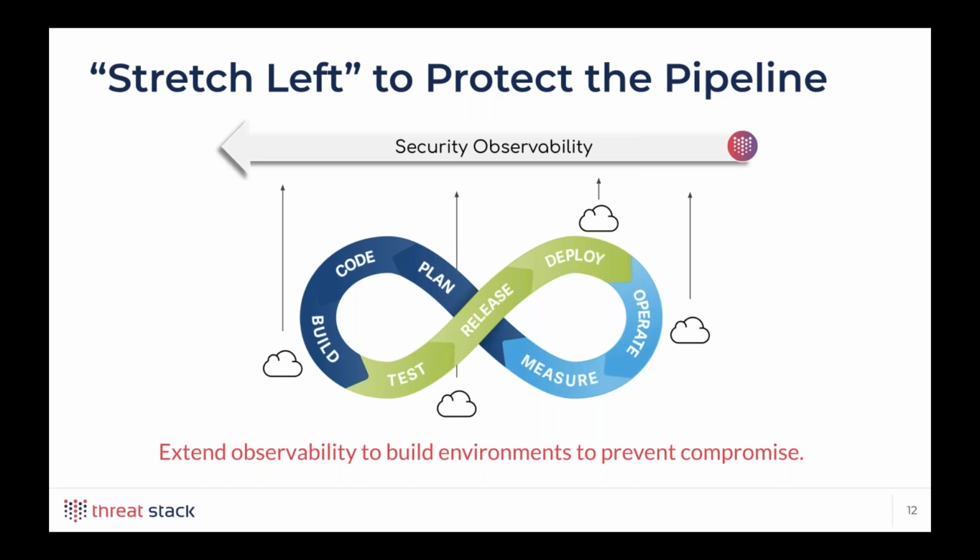And so you really want to be observing behaviors in each of those environments that could be indicative of a threat or an attack, like that build server attack that we showed you. And so instead of thinking about monitoring and observability as simply an element of production environment security, you really need to stretch that to the left and start thinking about observability for all your environments across your build pipeline.